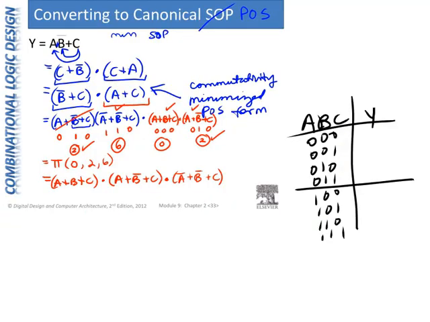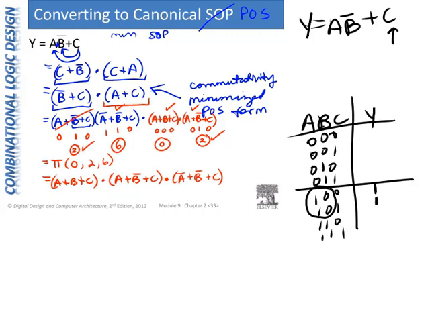So here we have our truth table with our inputs A, B, and C, and our output Y. The original equation was Y equals A and B bar or C. Well, A and B bar is true here, where A is true and B is false.